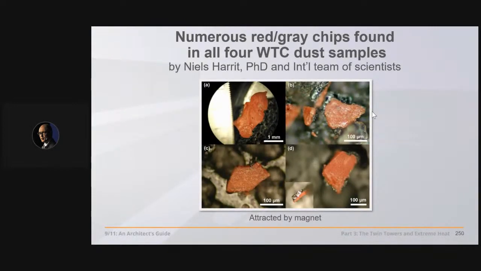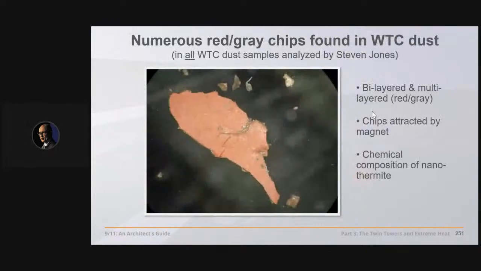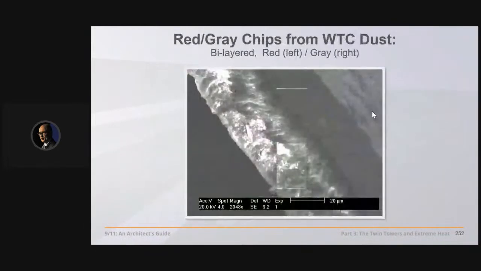But one of these samples is from hers, and they were documented in a 25-page peer-reviewed paper because they were real curious. The chips are attracted by a magnet, these small red-gray chips, red on one side, gray on the other. So the paint is not attracted by a magnet.